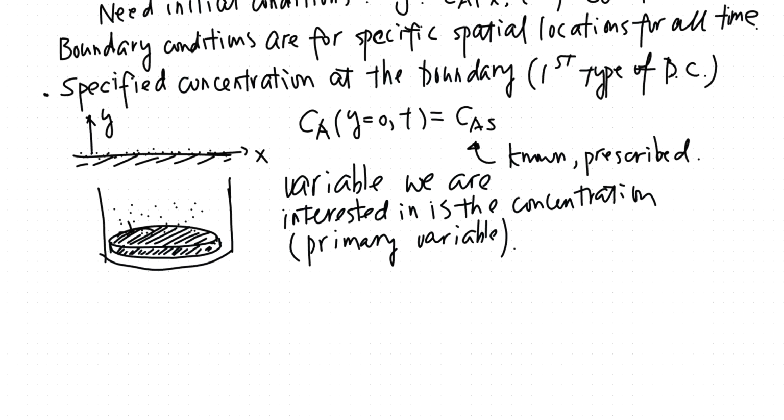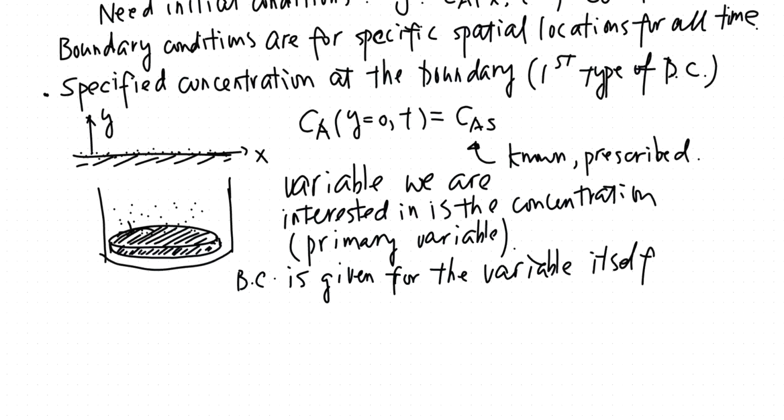Now the boundary condition is given for the variable itself. It will make more sense when we talk about the second type of boundary condition.